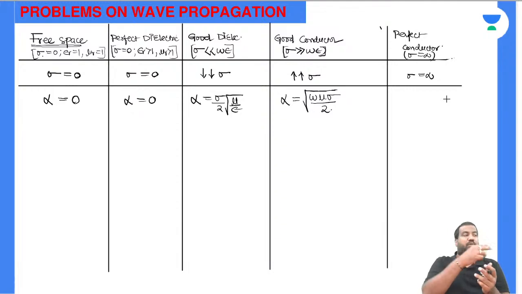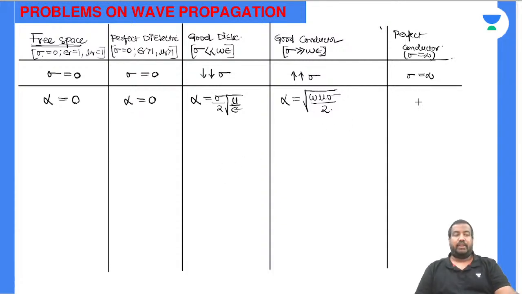For example, if a wave is propagating through an iron rod and the same wave is propagating through a wood log, the wave will attenuate more in the iron rod when compared to the wood log. This kind of concept you need to have, which is very, very important. This analysis you need to do because the wave is getting more attenuated in a good conductor.